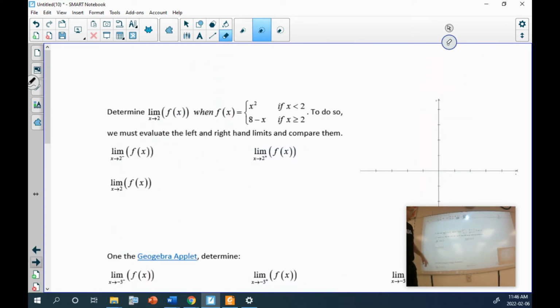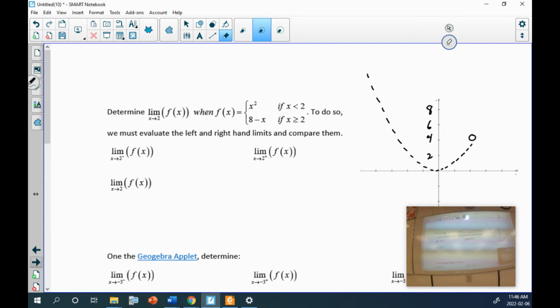So here we have a function. We want the limit as x approaches 2 of this function. The function is defined as when x is less than 2, it's x squared. And when x is greater than or equal to 2, it's 8 minus x. So we're going to go to the left-hand side, and I'm going to use 2, 4, 6, 8. So x squared, when I plug in 2 for x, I would get 4, and then I would have a parabola to the left of that point.